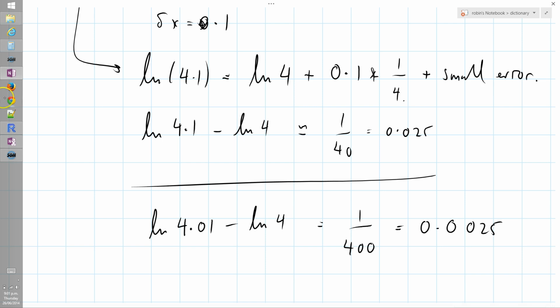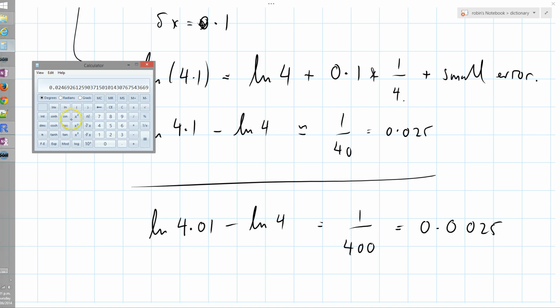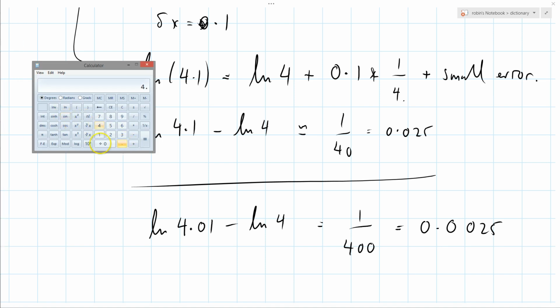Let's just try that, just for fun. 4.01, log, minus log of 4, and again I claim it should be 0.0025 plus a small error, equals, look at that, 0.002496. So it's not exactly accurate, but you can see that the approximation is getting more and more accurate as delta x gets smaller. Okay, I think that's pretty neat.